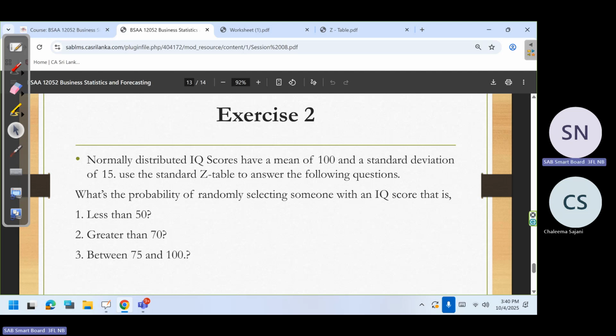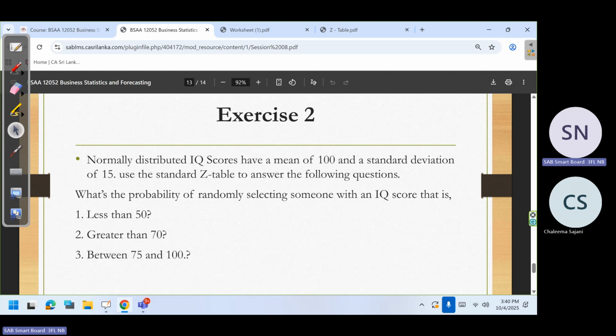Here it says normally distributed IQ scores have a mean of 100 and a standard deviation of 50. Another thing: the normal distribution has two parameters. You know what parameter means? You studied it in the first chapter.